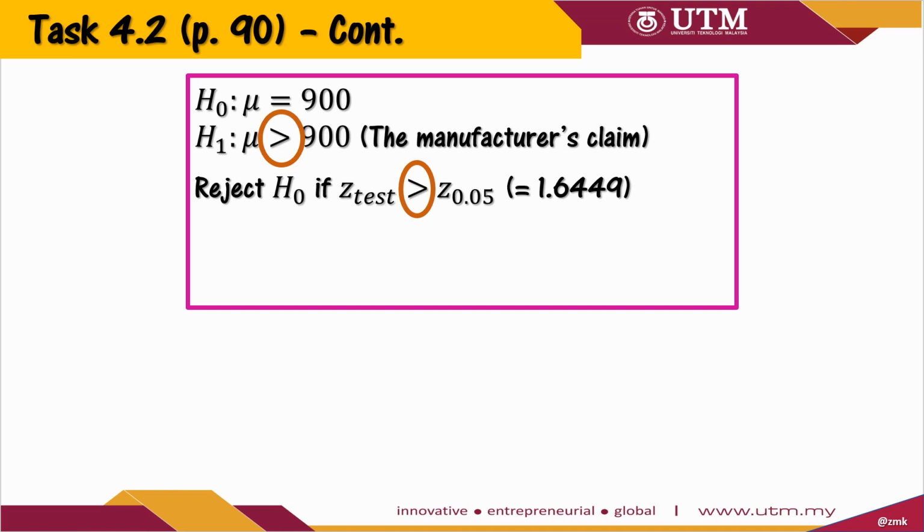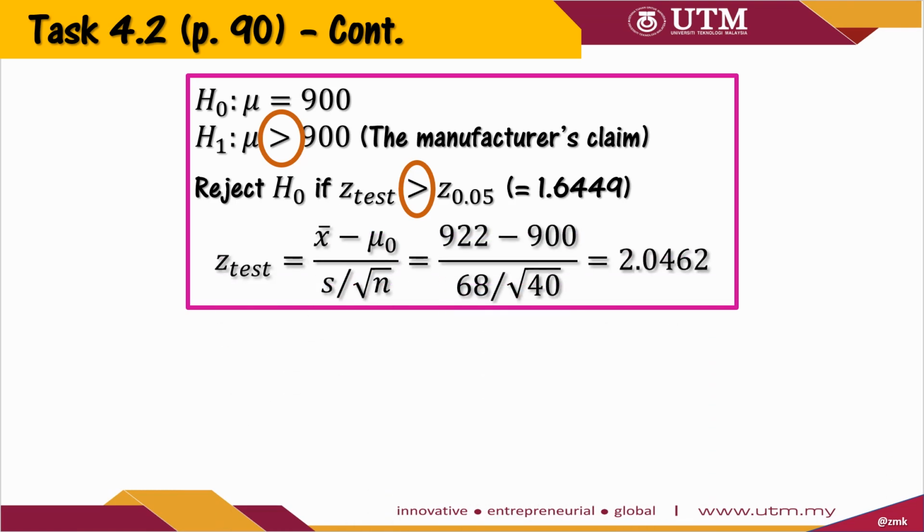After stating the decision rule, next is to calculate the test statistic, which is the z-test. This time the z-test is defined as the sample mean x bar, which is 922, minus the mu value under H0, which is 900, divided by the sample standard deviation S, which is 68, over the square root of the sample size, 40.